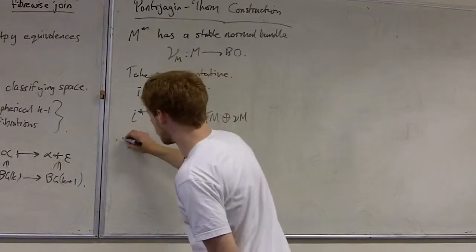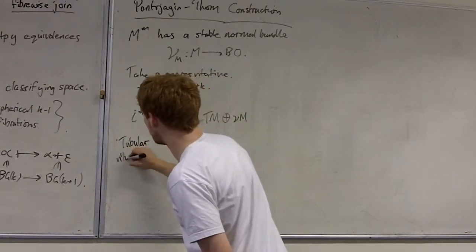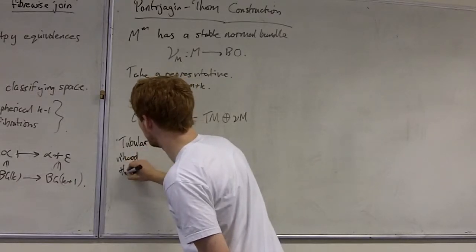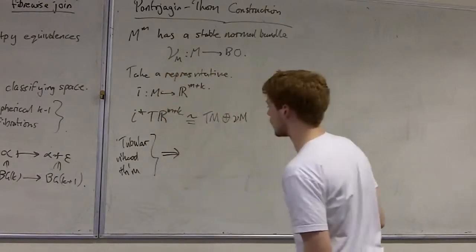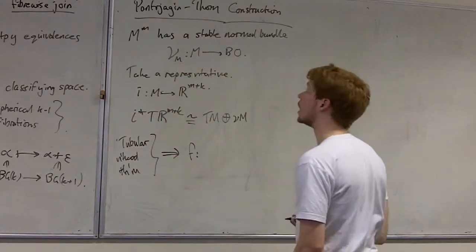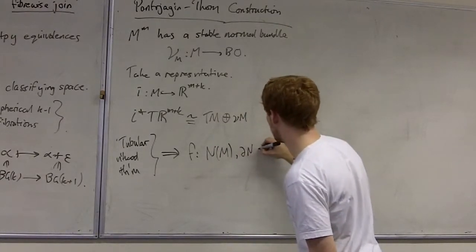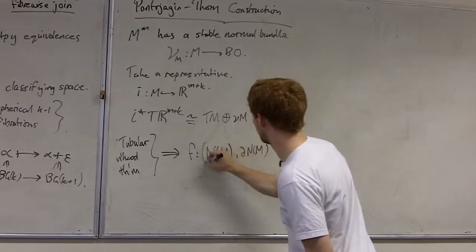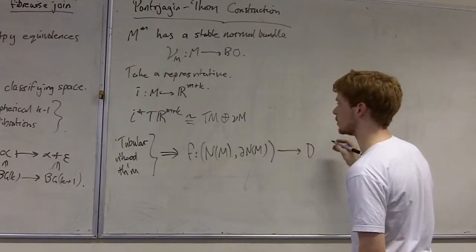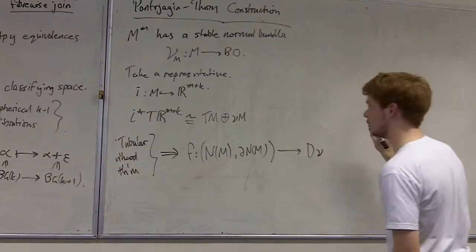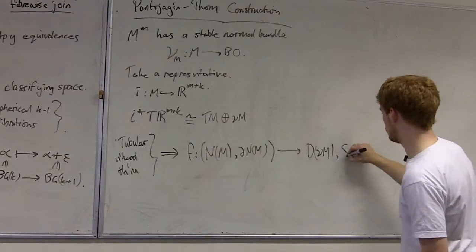Okay, so then I've got the tubular neighborhood theorem. So this says that there's a diffeomorphism between a tubular neighborhood of my manifold and the disk bundle of the normal bundle of M relative to the sphere bundle.